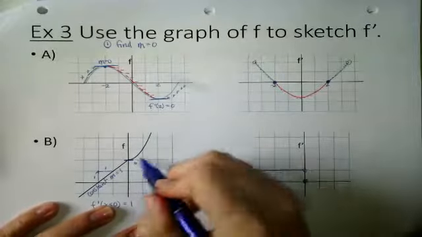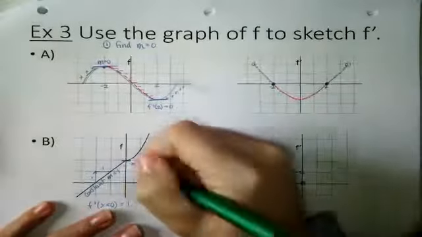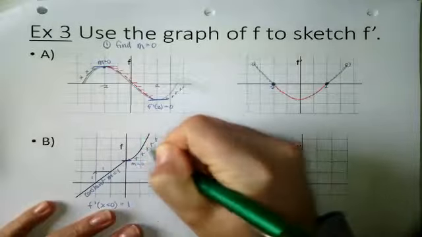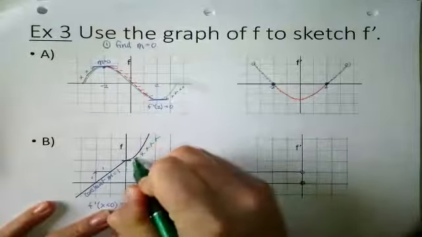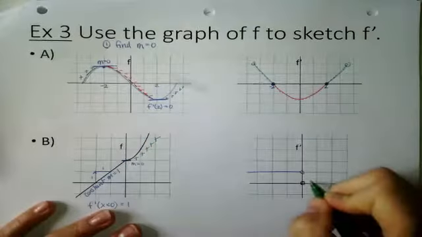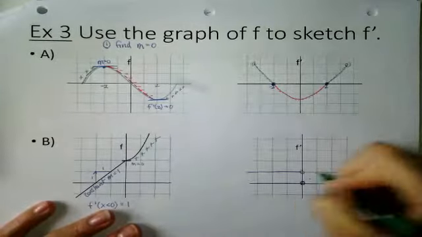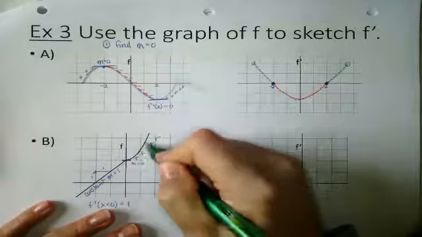And then on this side, you can see that we have positive slopes that are increasing, getting higher and higher and higher. They're starting out very shallow, like 1/2, and then maybe 1, and then I don't know, what does that look like?